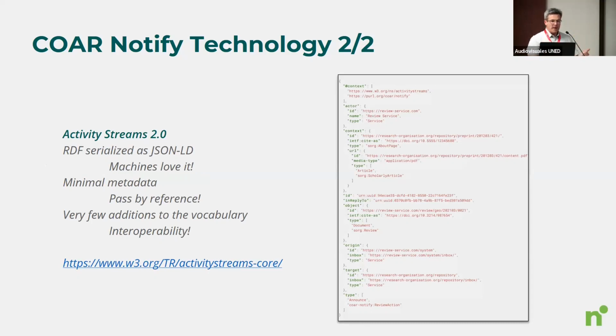The right-hand side of the slide is not meant to be read. This is just an example. Our payload, the content of the messages that we're sending, is serialized as JSON-LD. I only mention that because, if you're a developer, you will recognize that machines love it.